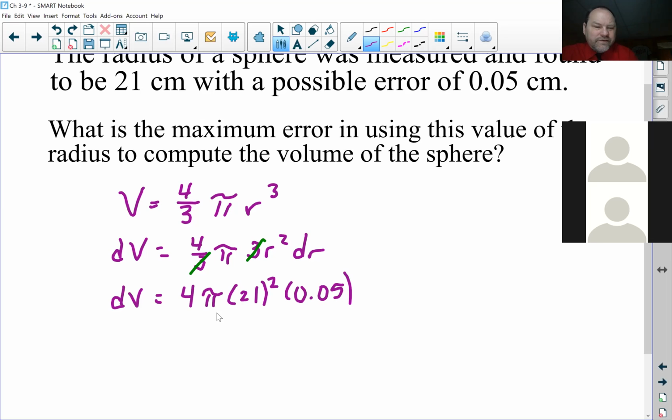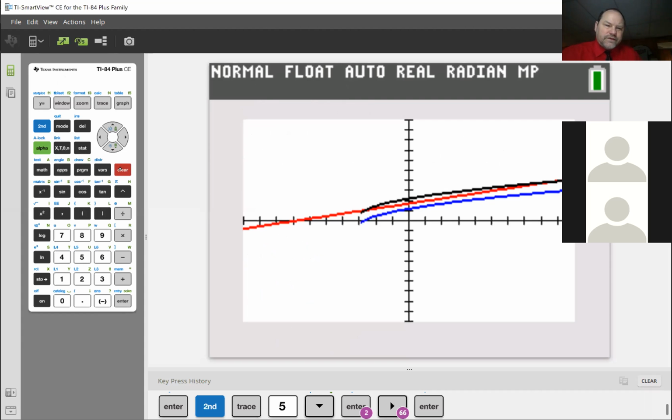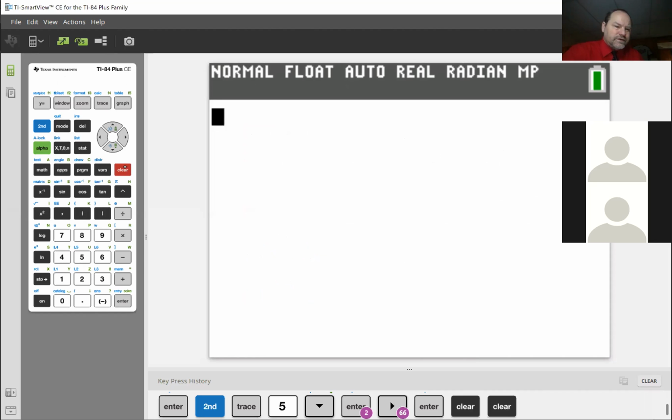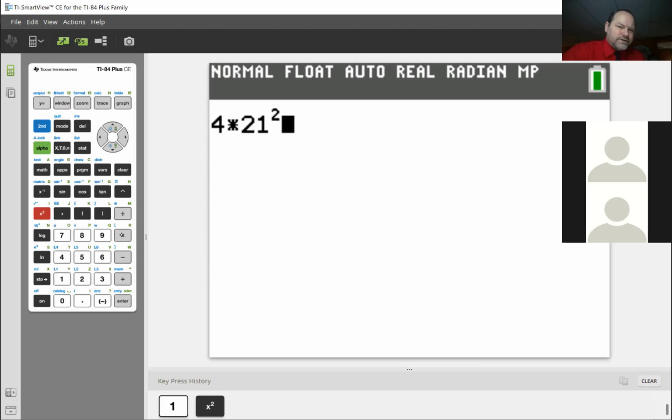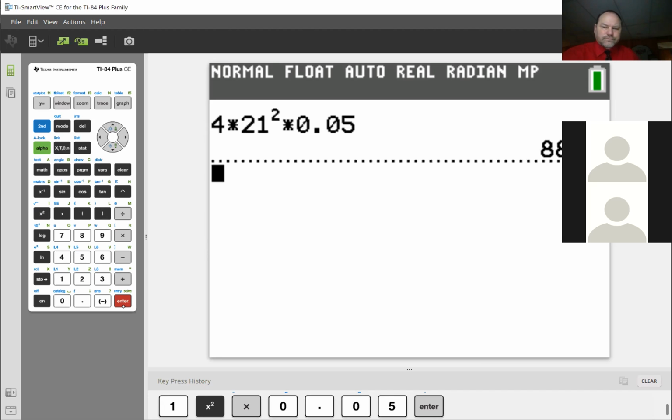In this case, I'm going to leave the pi in my calculation, just because it's more accurate. So if I calculate that, 4 times pi, which I'm not going to do, times 21 squared times 0.05, 88.2 pi.